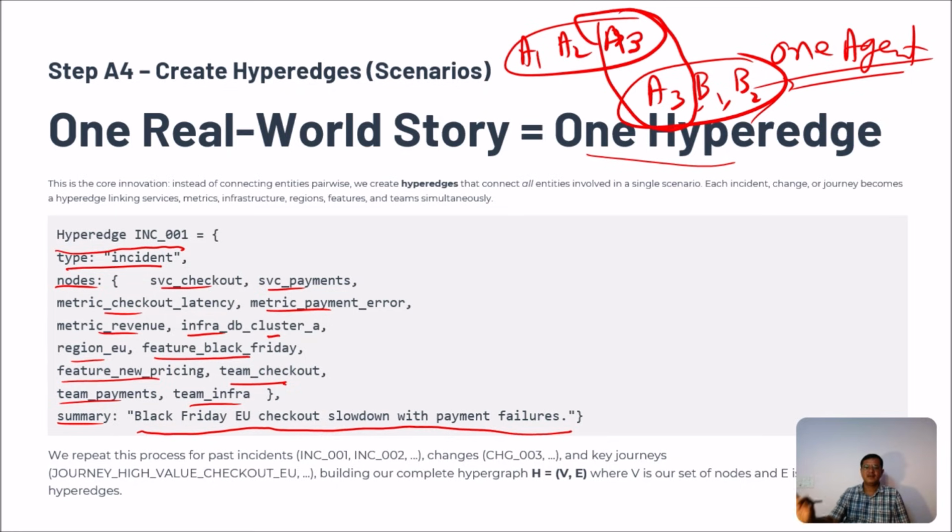So this is our incident, and we repeat this process for all past incidents like INC002, 3, 4, and all the changes and all the key journeys, and then we create the complete hypergraph.